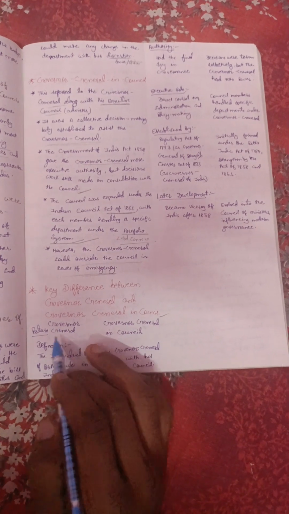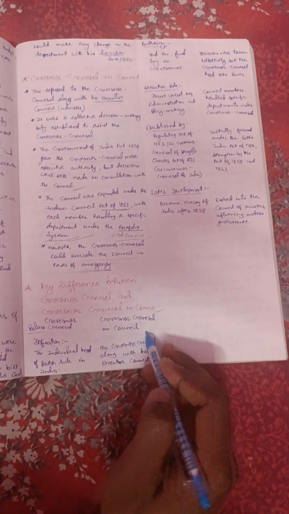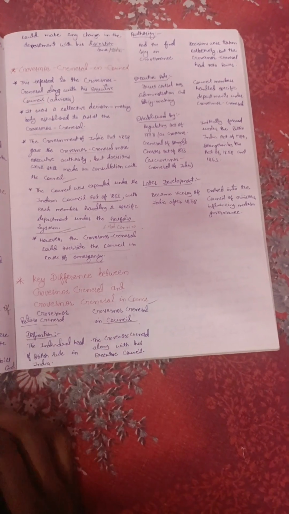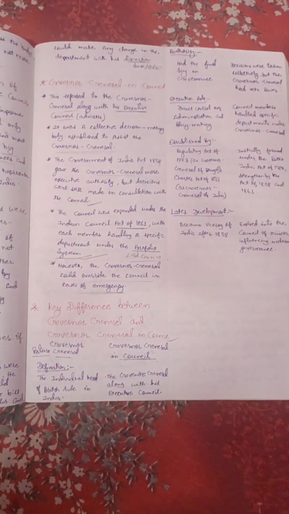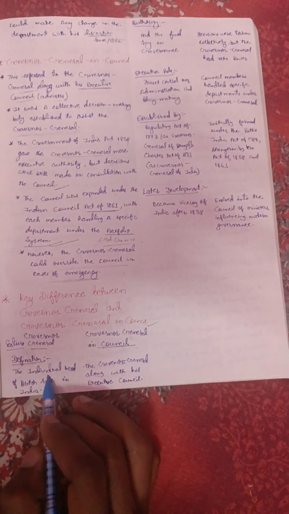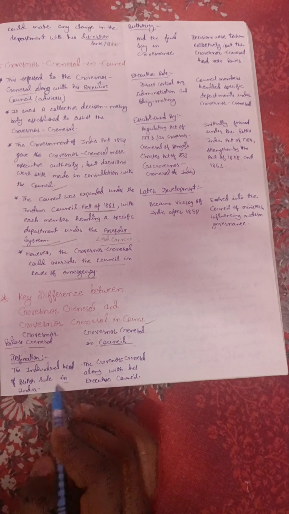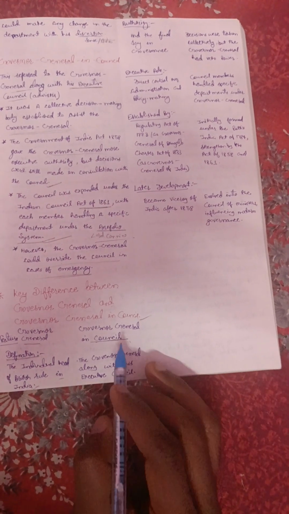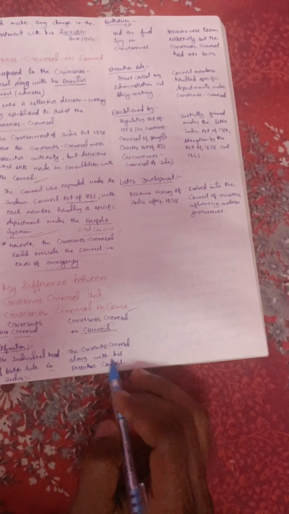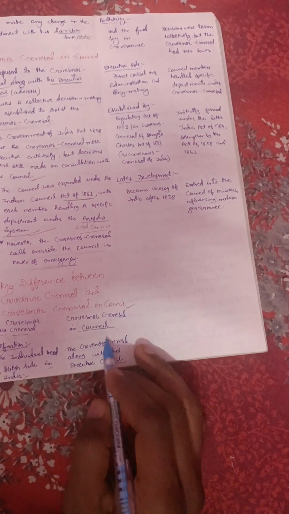Number one is the definition. What's the difference in its definition? The Governor General is individually the head of the British rule in India, whereas the Governor General along with his executive council is known as Governor General in Council.